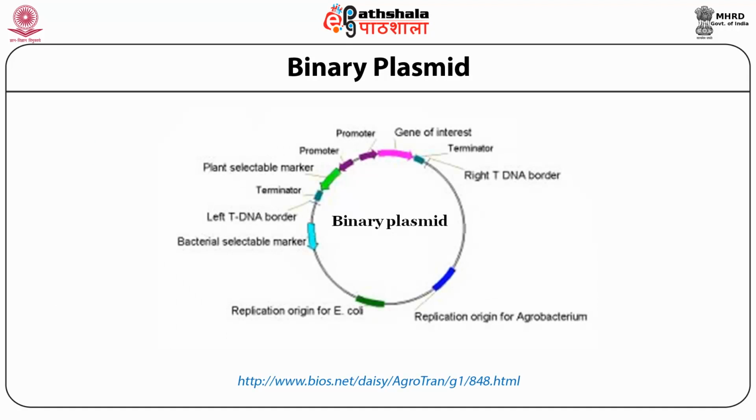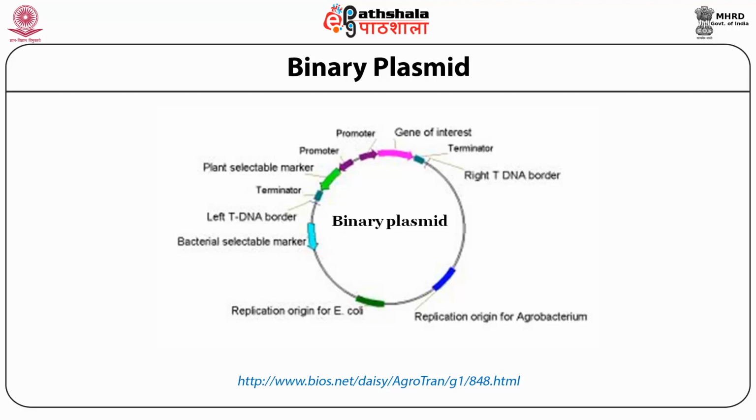This is a schematic representation of a binary plasmid. As I told you in the previous slide, it contains two origins of replication, one which allows it to propagate inside the E. coli, one that allows it to propagate inside agrobacterium. It contains two repeats of tDNA, right tDNA repeat and left tDNA repeat.